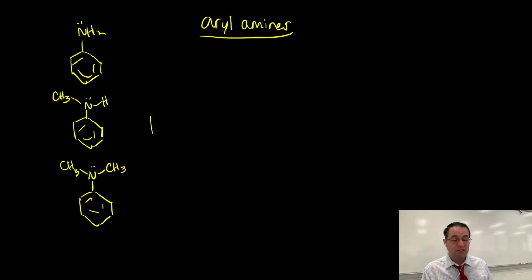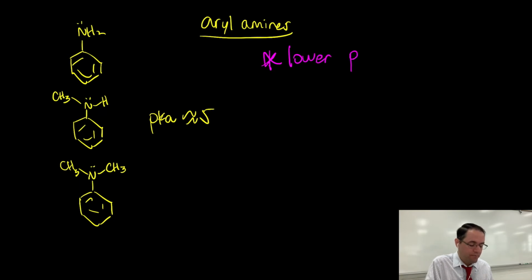And the pKa for those are 4.6, 4.8, 5.1. So what I like to do, again, is round this off to a nice whole round number, pKa 5. What does that mean? Well, a lower pKa means more acidic.